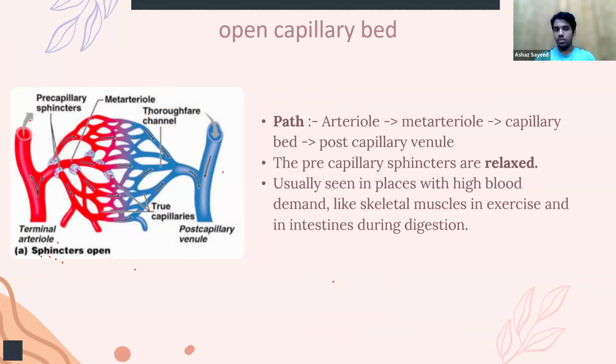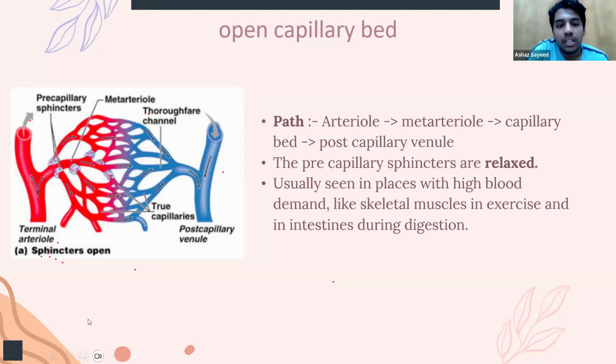So these capillaries open, supplying a lot of blood to the skeletal muscles, and that's when you see like a pump. People who go to the gym usually say that I have a pump. It's because of these capillaries opening and supplying a lot of blood there.